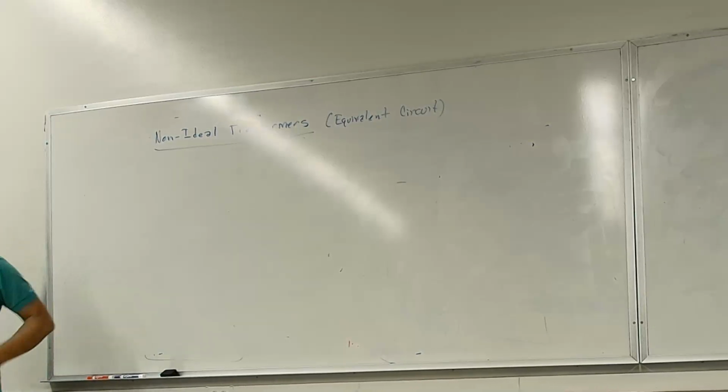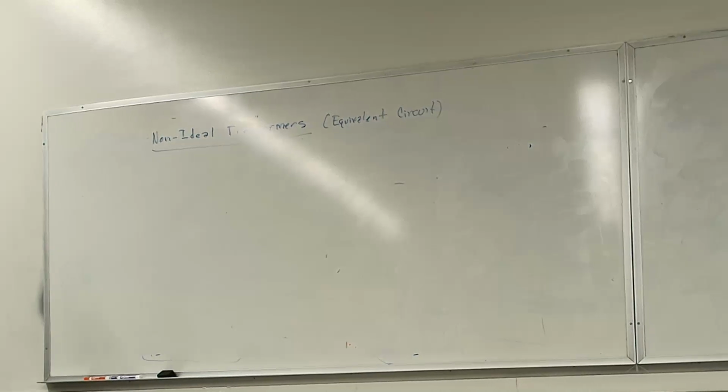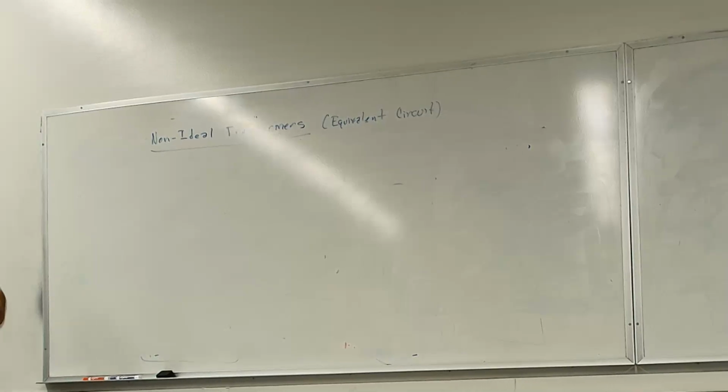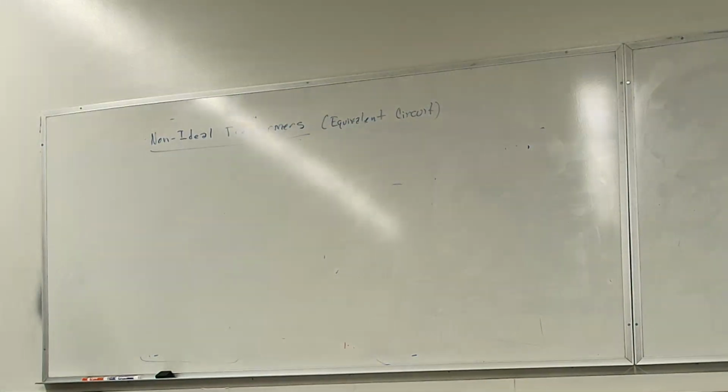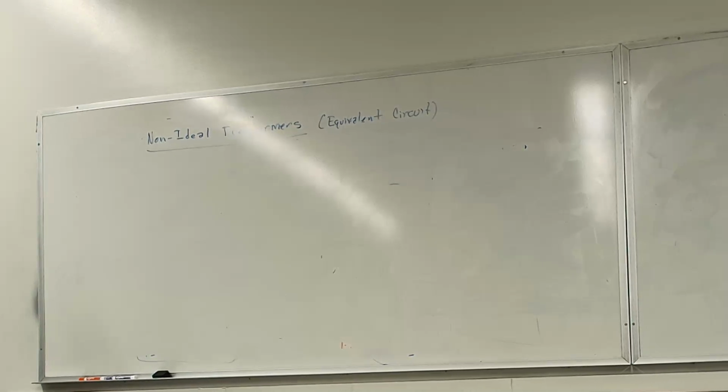A transformer has just so many things. The models that we utilize, the ideal and the non-ideal, we still make a lot of assumptions on both of them. But the non-ideal, for steady state analysis, where you're concerned not only about the losses, but also about sizing wire, making sure they use the right wires to connect the device, is good enough.